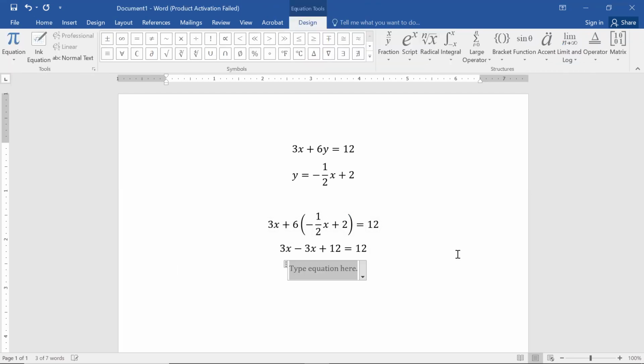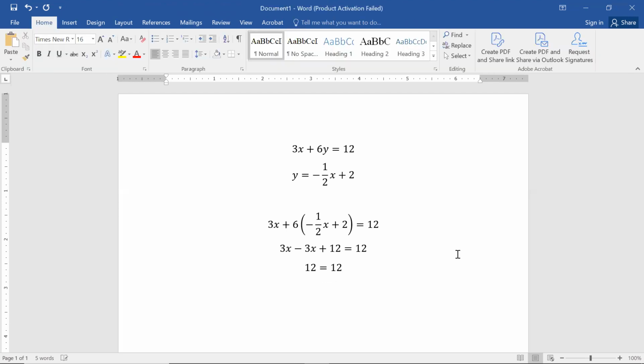You'll notice that my next step, I would combine like terms on the left. When I combine like terms on the left, my x values go away, and I end up with 12 equals 12. Now, this is a true statement.